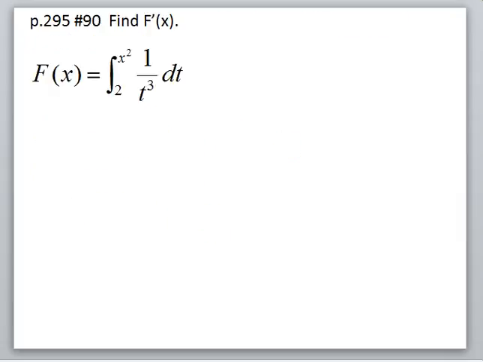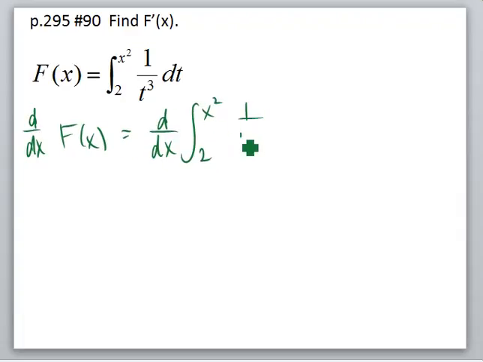The next one, we're doing the same thing. This one has one additional step, and these are the type they like to put on the AP exam. What you're going to be doing is taking the derivative on both sides. So we know that these cancel, and we're going to just put that x value in.